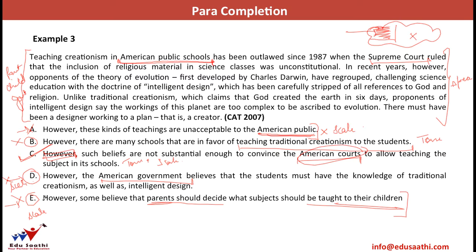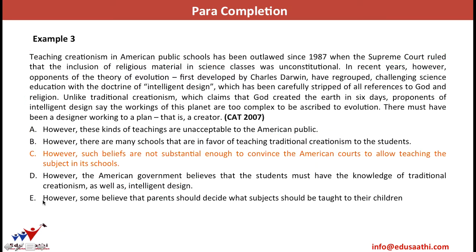That is the reason the violation of scope is acceptable, but we cannot accept an alternative which violates the tone or the scale. Scope is okay, so we will select alternative C as the correct answer to the question.